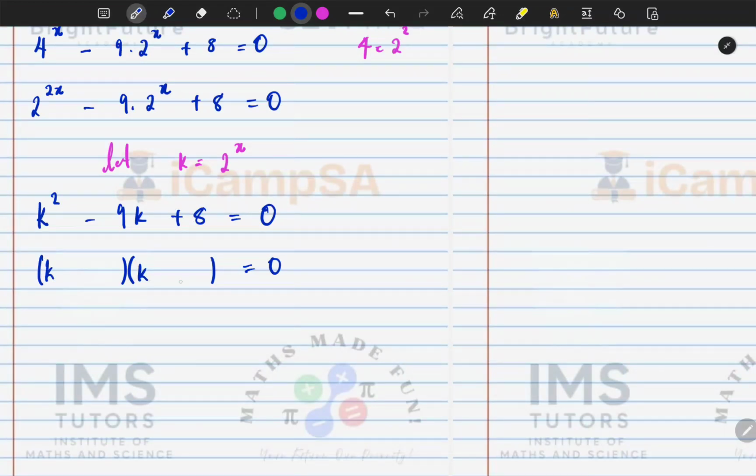Since we have a positive here, it means we are going to have negatives. The factors of 8 that are going to give us 9, with a negative and negative, are 8 and 1. So k is equal to 1 or k is equal to 8, right?